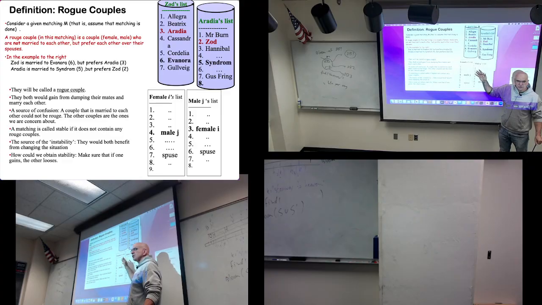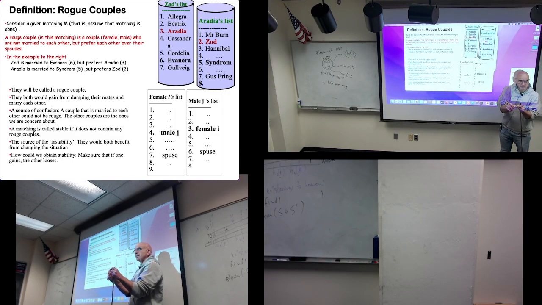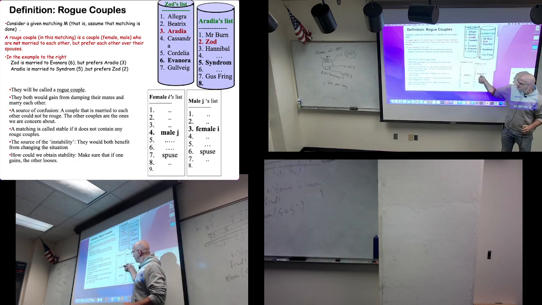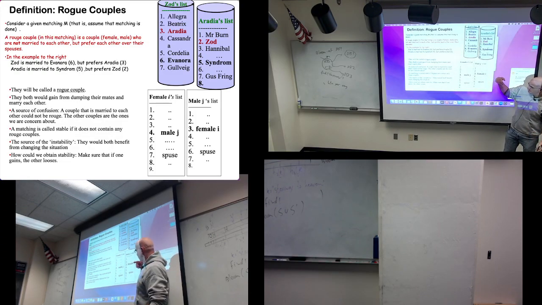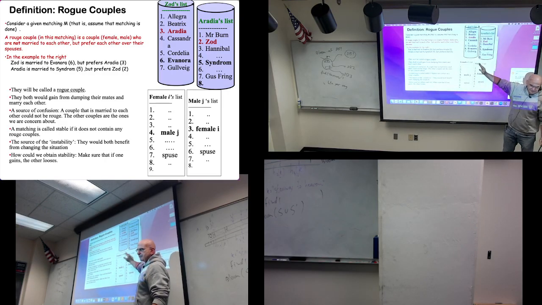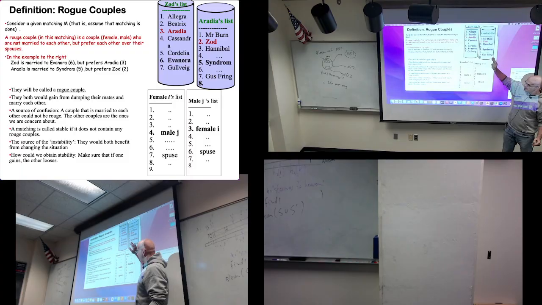If they are married to each other, they are not a rogue couple. Rogue couples are only defined by pairs not married to each other, but not being married to each other is just a necessary condition. Something else should happen to make it unstable. Again, if they both got their first choice, nothing to say about it. They are stable.